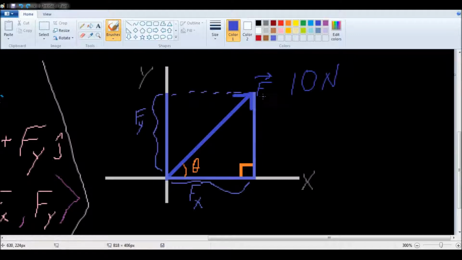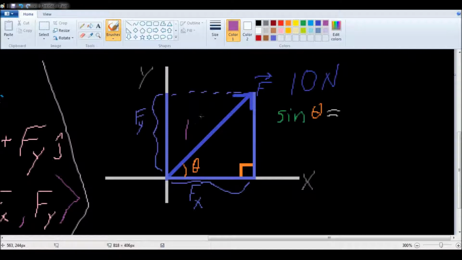So how do we find our x and y components, our Fx and our Fy? Well, we have a right triangle, and we know that. Yes, we're using trigonometry here. Sine of theta is equal to, and let me color code this a bit.